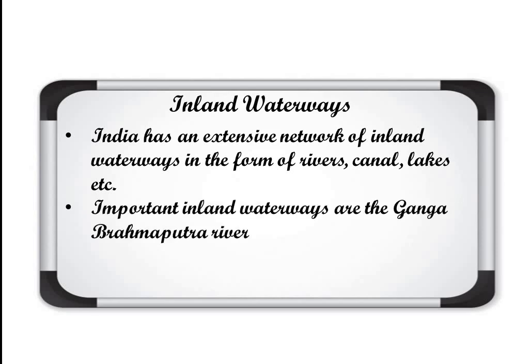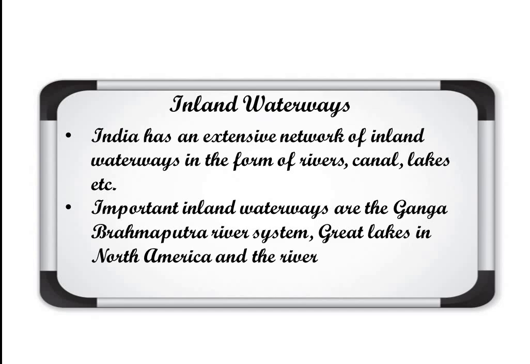Important inland waterways are the Ganga Brahmaputra river system, the Great Lakes in North America, and the river Nile in Africa. In the Great Lakes, why is it written? Because there are different lakes, the five lakes, they are together in North America. So these are the examples you can write for the inland waterways inside a country.